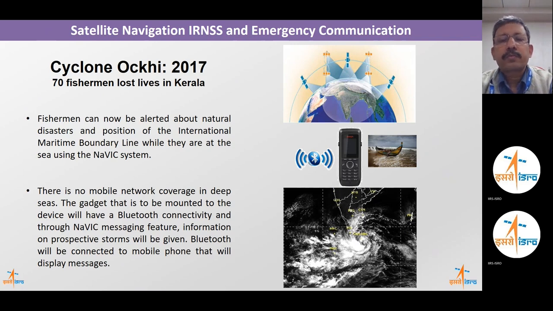So ISRO developed a small Bluetooth-enabled device which could be linked to the mobile phone of the fisherman. These devices were fixed on the mast of the ship and powered by the ship's engine, and this provided a two-way SMS system for communicating with the sailors.